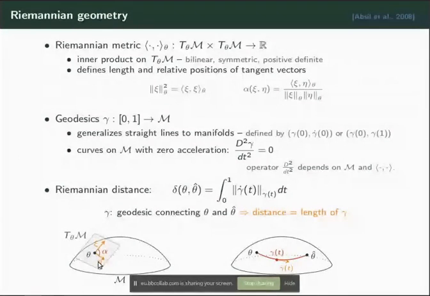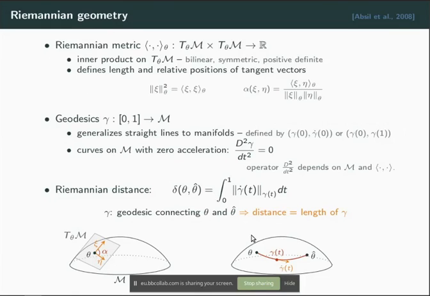So we have an idea of where is a tangent vector xi from a tangent vector eta by considering the angle, for instance. And we can do a lot of things with a Riemannian metric, and the first thing and most important maybe is the geodesics.